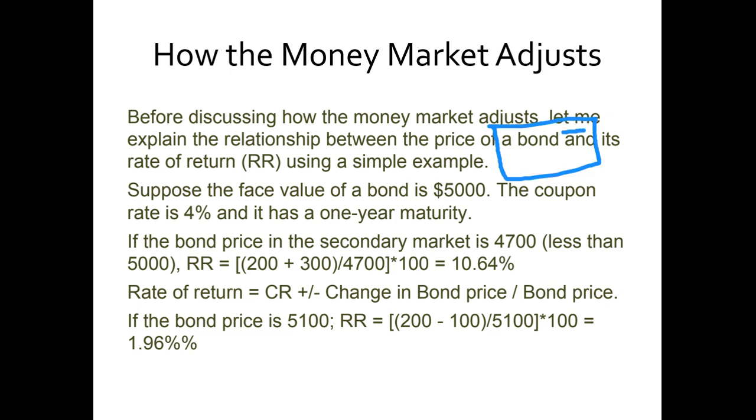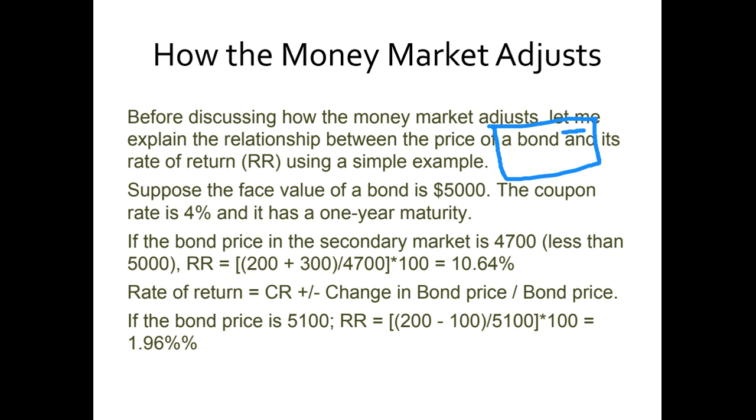This is what we call face value. The coupon rate is 4%. Coupon rate is 4% means that after the maturity date, and suppose this bond has a 1 year maturity, for example, if you buy this bond for $5,000 now, and you redeem after 1 year.